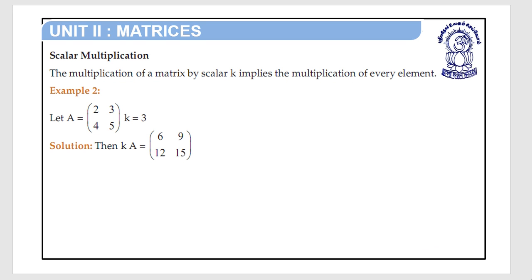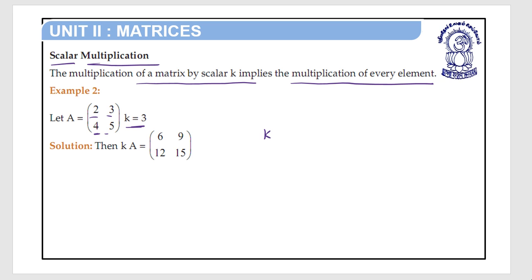Now the next one is scalar multiplication. The multiplication of a matrix by a scalar k implies the multiplication of every element. Let's see an example. A is equal to 2, 3, 4, 5 given, where k is equal to 3.